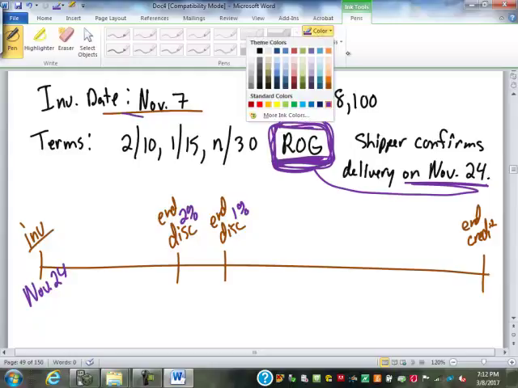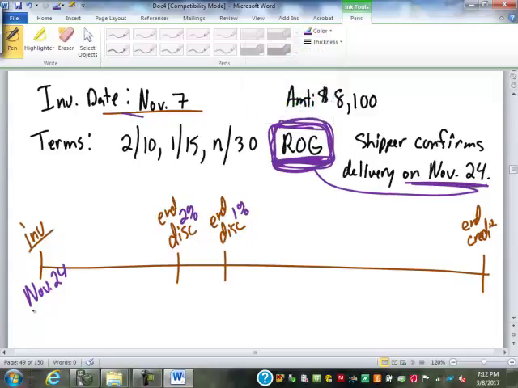So 2/10 means 10 days from the receipt date, which is the 24th, which is going to be December 4th. Good. That would be our 2% discount in that period. 1/15, well, there's 1% in that period, and it ends 15 days from the delivery date, which is November 24th.